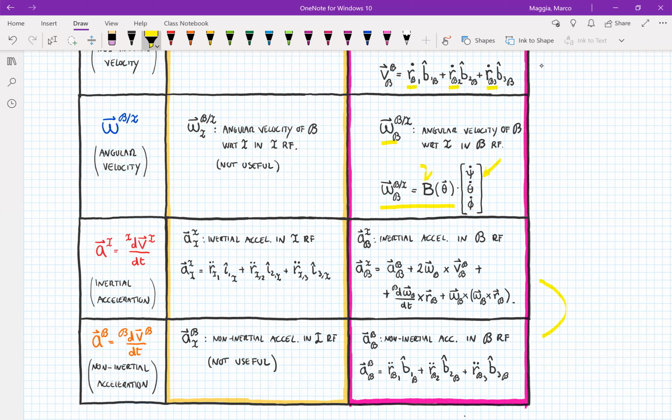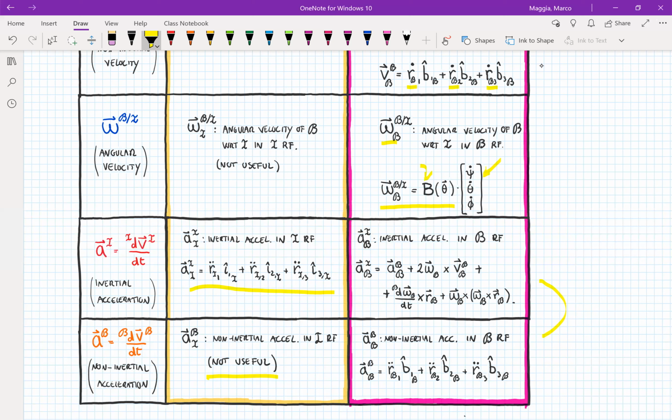The only thing that I'm going to anticipate is that the non-inertial acceleration in the I coordinates is not useful. The inertial acceleration in the inertial coordinates would suffice, but like the velocity it is difficult to get, so we're not going to go through that route.